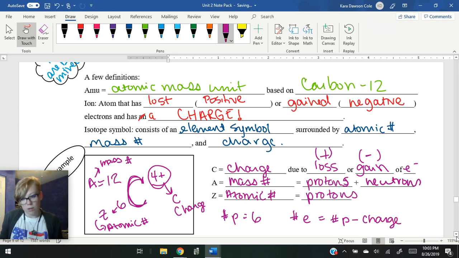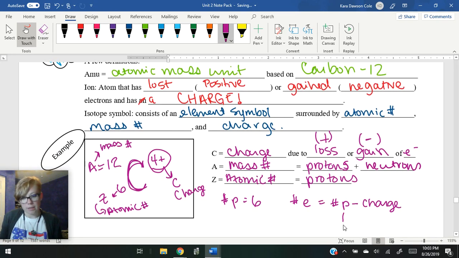My number of electrons is going to equal my number of protons minus the charge. So in this case, I have 6 protons minus 4, and that's going to give me 2 electrons. And then my number of neutrons is equal to my mass number minus my atomic number, which is 6, or the number of protons that I have.